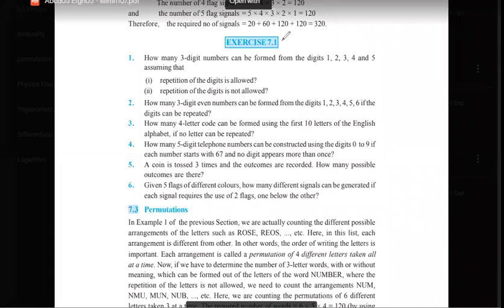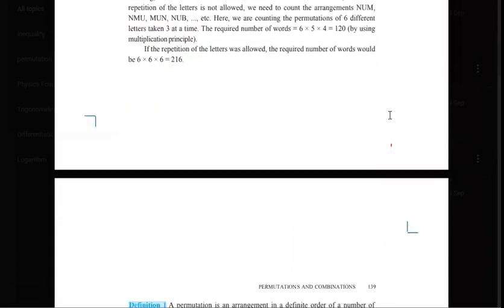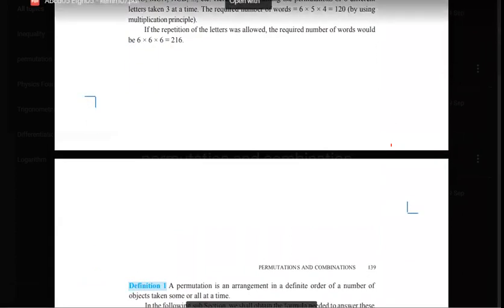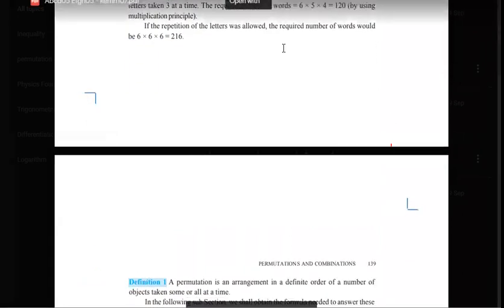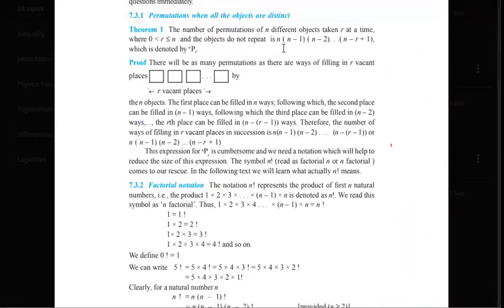Next, permutation. When I talk about permutation, we studied the basic formula, which was nPr. So we'll solve some more problems of this first.